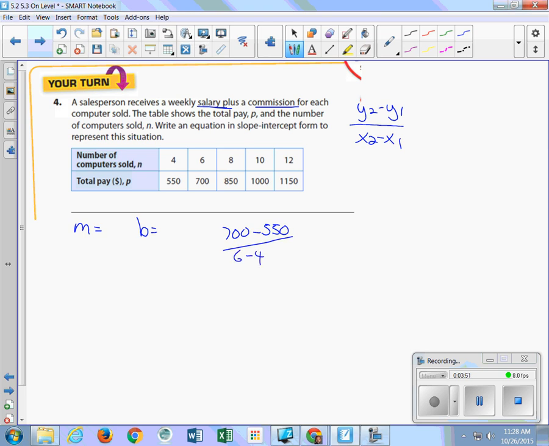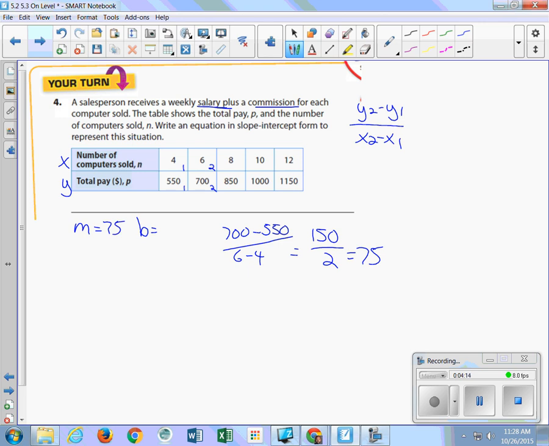And all I did was say, all right, here's x and y. X is always on top. There's x1, y1, x2, y2. So I get 150 over 2, 150 divided by 2 equals 75. So my slope is 75.